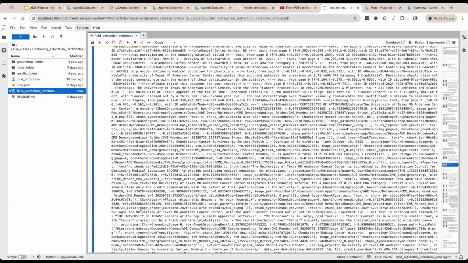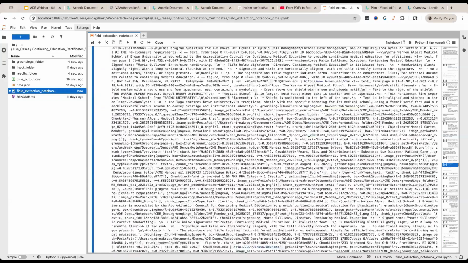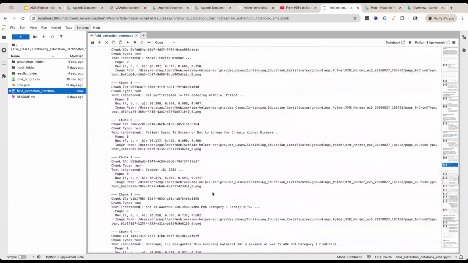So you can see the different chunks of text and where it's actually located, like we saw in the visual playground earlier. Quite a bit of content, of course.